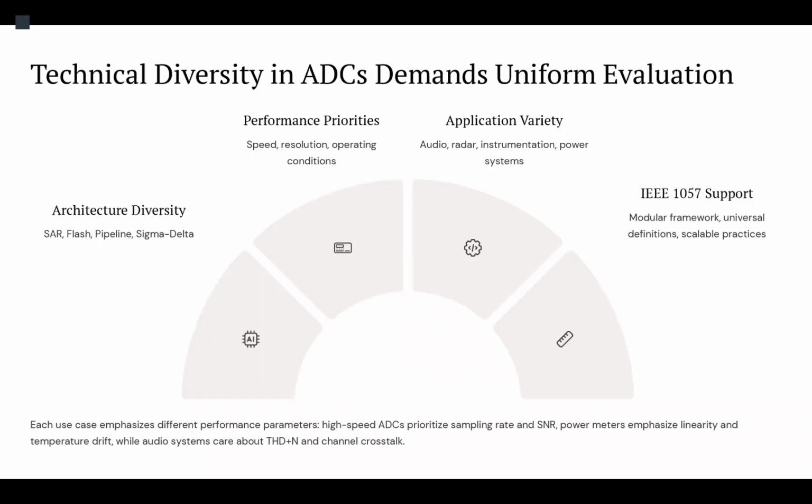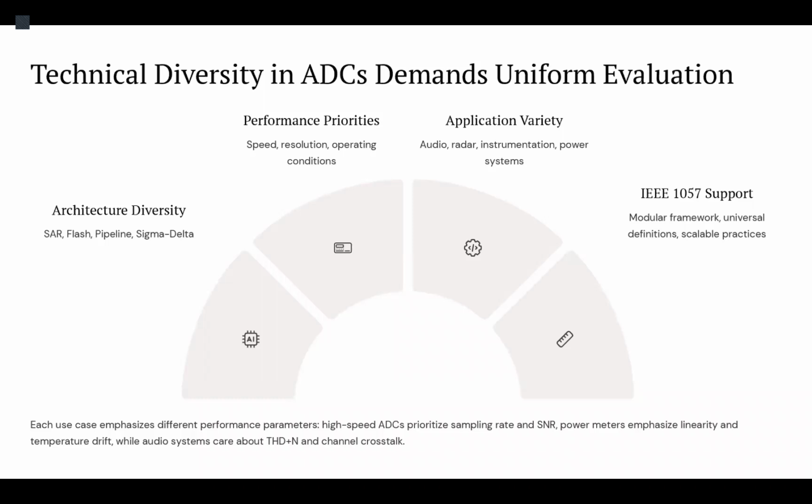What matters in one system may be irrelevant in another. Each use case brings a different combination of signal characteristics, resolution need, speed requirement, and environmental conditions. But despite this variation, all ADCs must be tested and compared under a common framework.